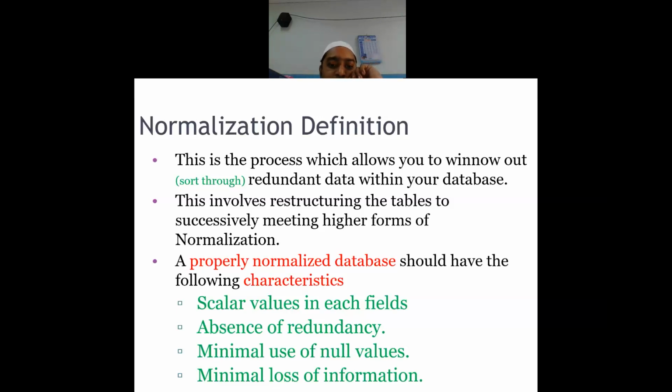The second characteristic is the absence of redundancy. Absence of redundancy in the sense that there should not be any piece of information saved in multiple tables. The same piece should not be there on multiple tables. For example, student number is there. Students table is there, with students' personal data and result data.